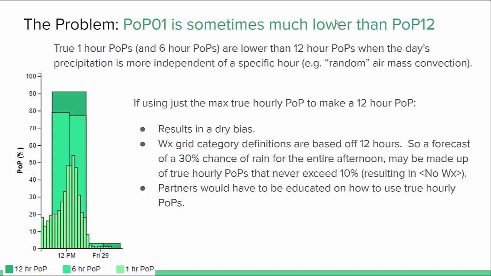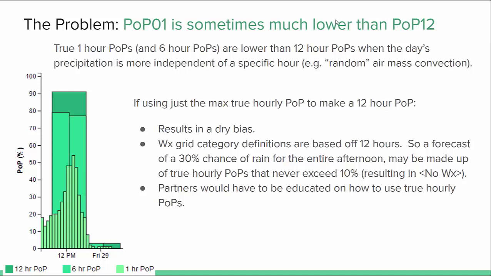Since we affiliate a 50% chance with chance verbiage, 90% will just be definite. There's a big change here. In fact, in some air mass convection scenarios, the true 1 hour pop may only be 10% or less, and then you would just end up with no weather. To make this switch to use the true 1 hour pop would require probably several changes throughout the GFE software and the dissemination.